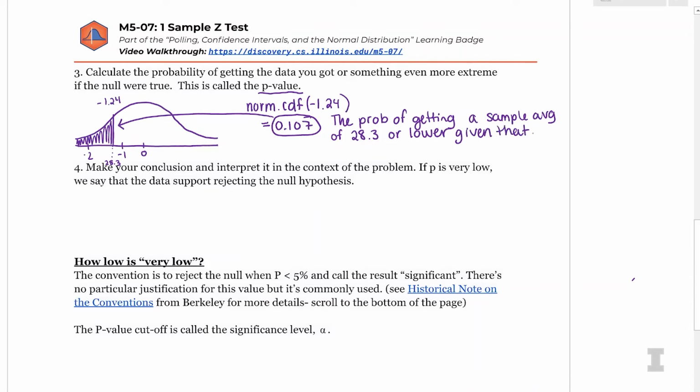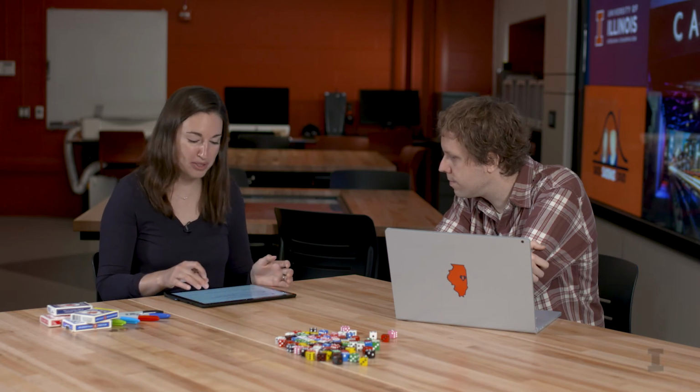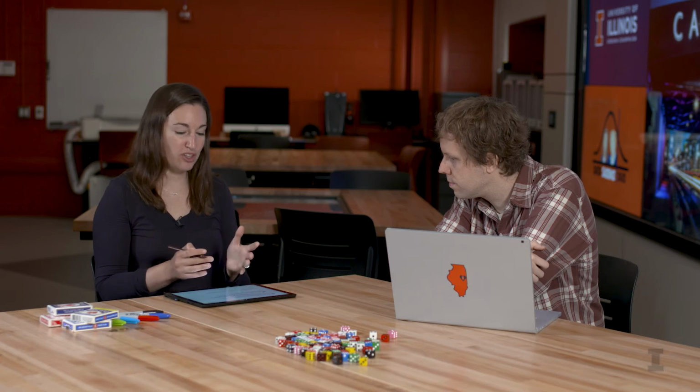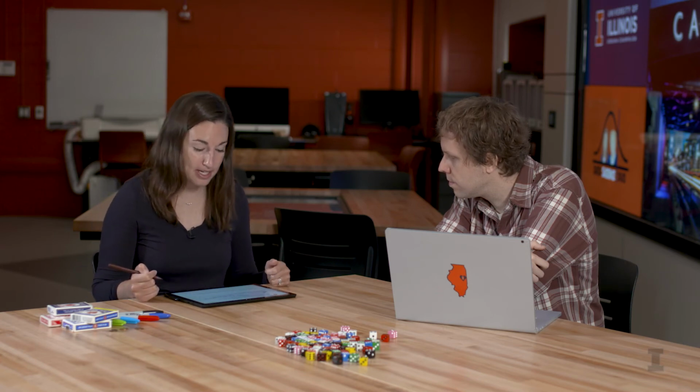Or in other words, given that the true population average is 29. So if this probability was really low, then there would be some evidence that the true population average maybe isn't 29. Maybe it's actually lower. If the probability of getting that sample average just by chance is really low, then that would be evidence against the null hypothesis.